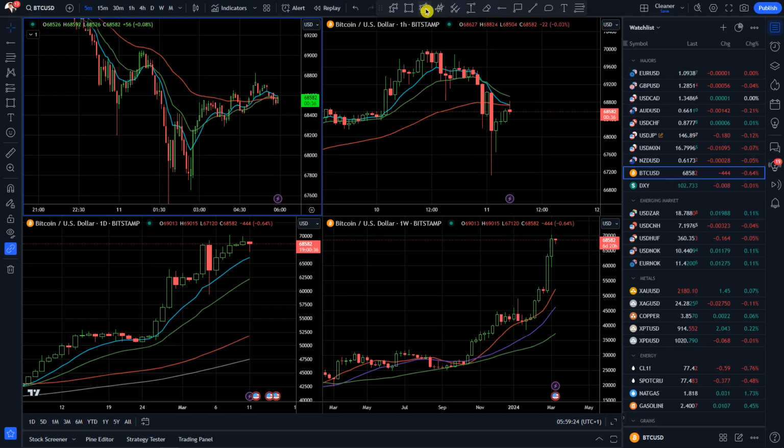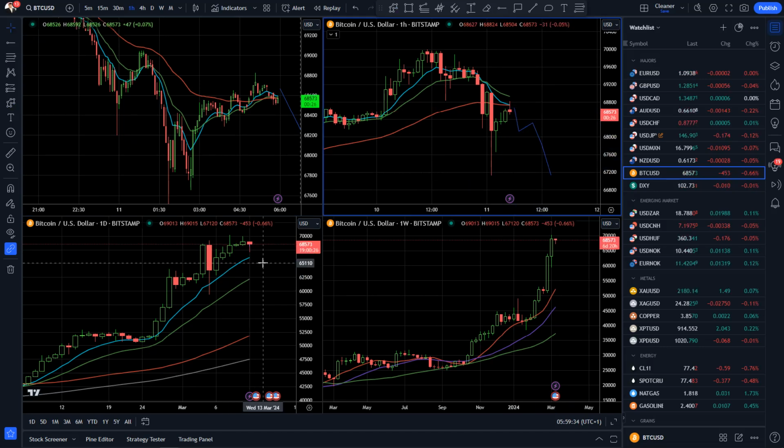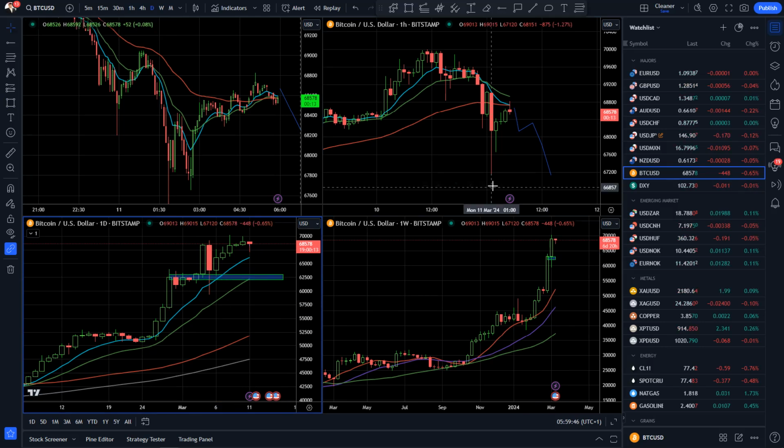So there will be a chance, from my perspective, for another downside attempt, for the market to retest the pin bar low at the 67,000 mark, and also potentially, if there will be a bigger down move, the rising 20-day moving average can be in play around the 63,000 mark.